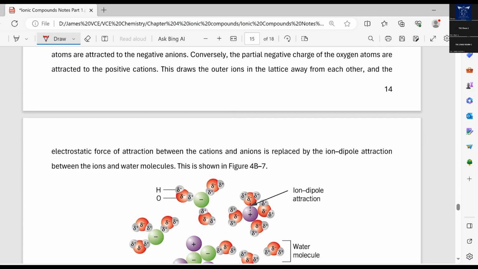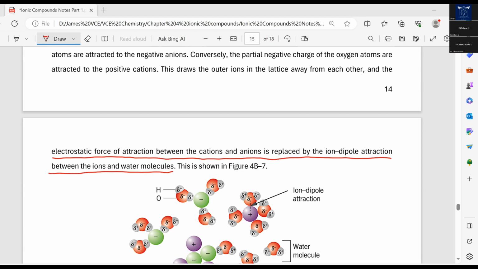The key point is that the electrostatic force of attraction between the cation and anion is replaced by the ion-dipole attraction between the ions and water molecules. But it will not always occur, so not all ionic compounds are soluble. We will talk about solubility in the next section and next chapter.